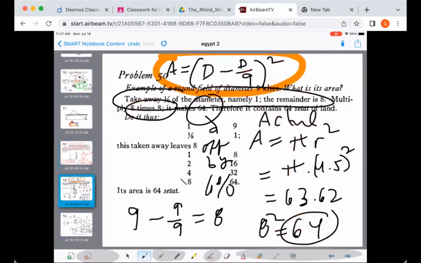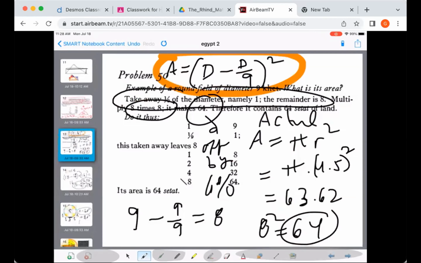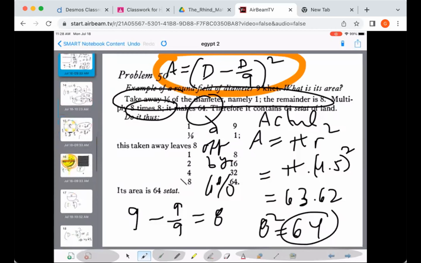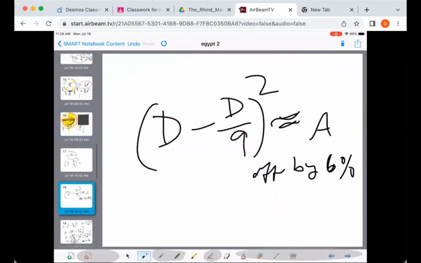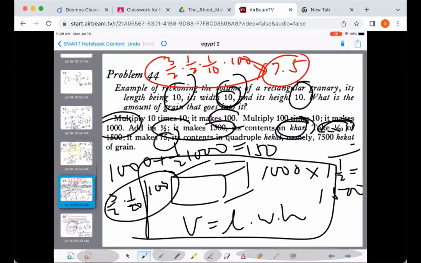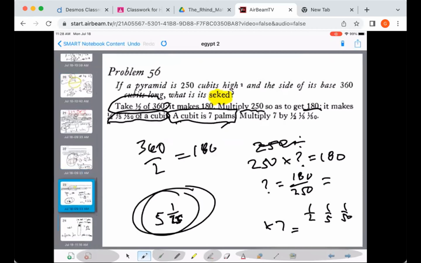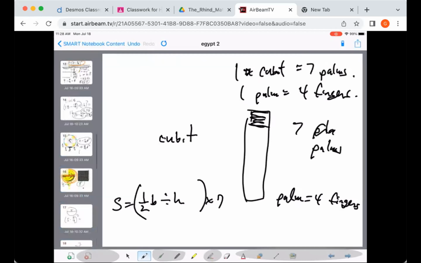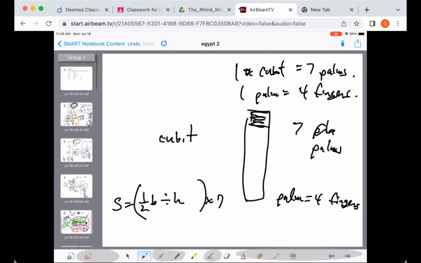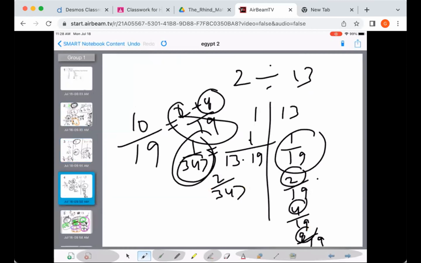I went on a rant about people who give credit to cultures for inventing pi when they didn't. Then we went into the volume formulas, which are our formulas except for this one, and then the second. In the last portion of class, we are going to look at a really cool, interesting thing.